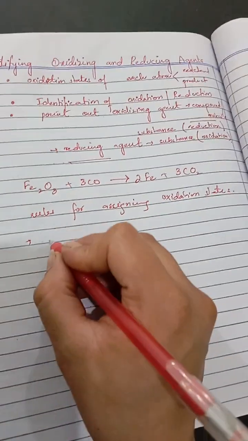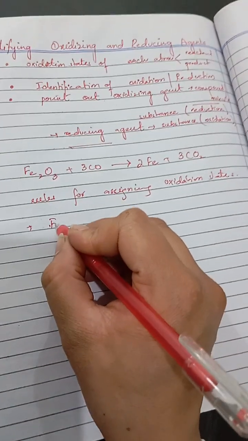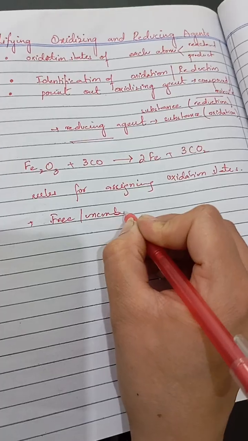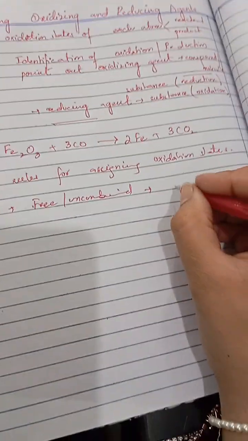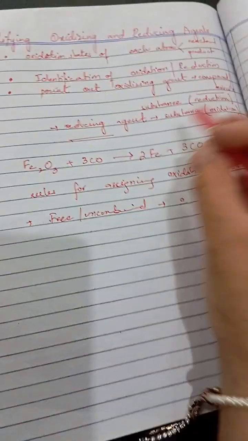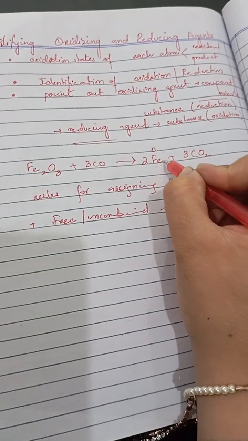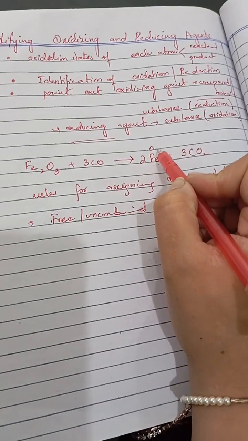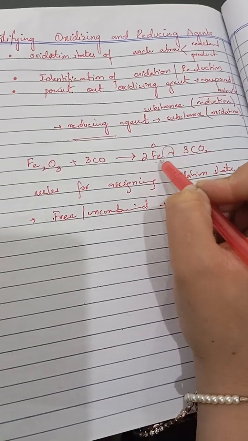Now what are the rules? Any free or uncombined element will have the oxidation state 0. For example, in this equation, Fe is free or uncombined. Free means it is not making any molecule, and uncombined means there is no other element for combination.